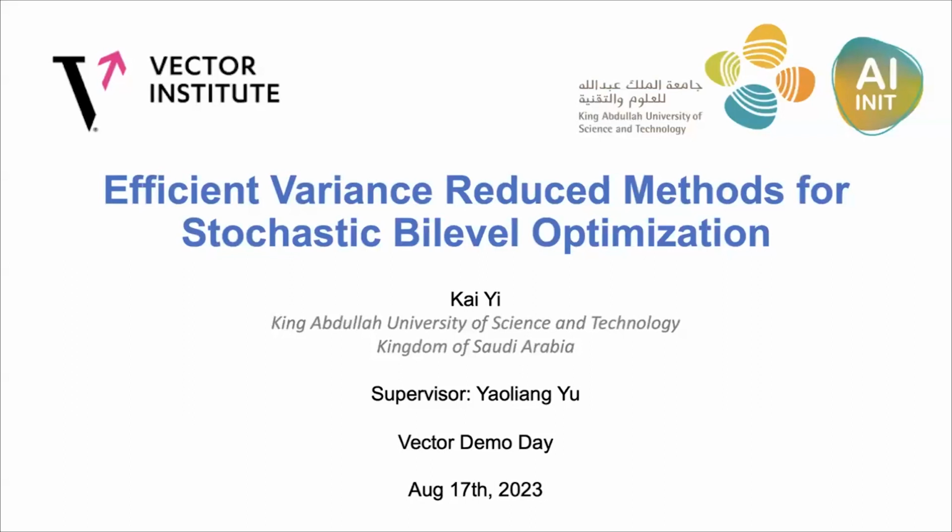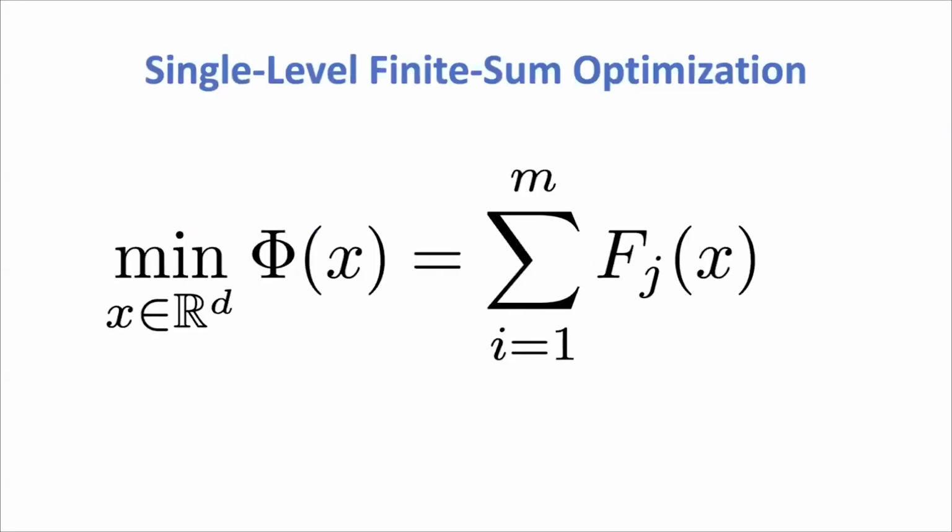Yeah. So basically, there are two different perspectives. One is, like I mentioned here, that stochastic bilevel optimization is more general than the standard finite-sum optimization task, which is widely used in practice.